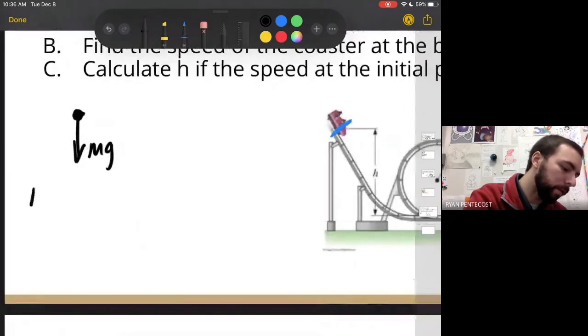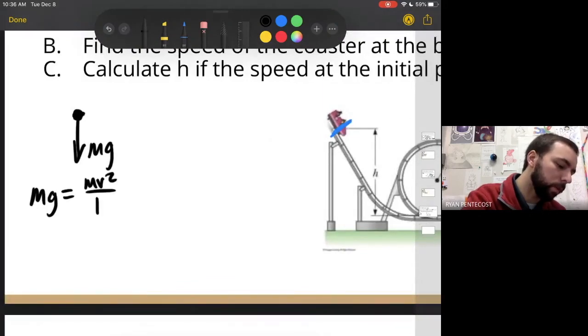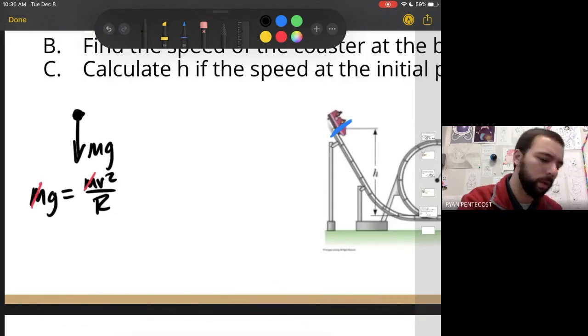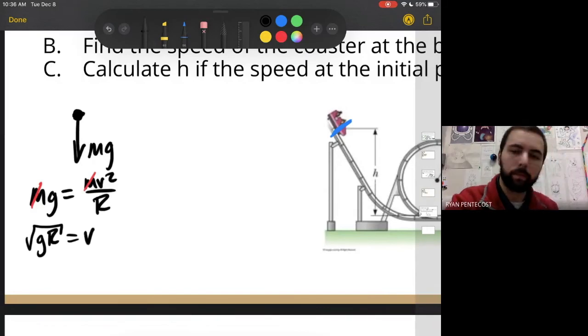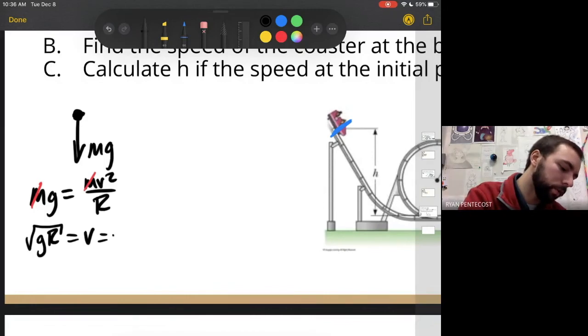So if we have mg equals mv squared over r, the m's cancel, we just want speed. So that would be the square root of gr equals v. And we have r, that's 20 meters. So this is the square root of 20g.